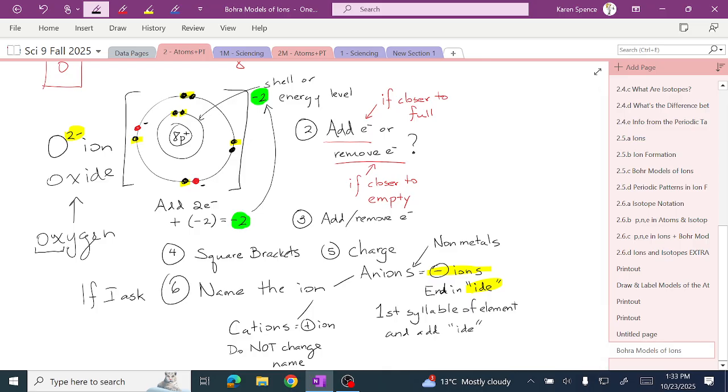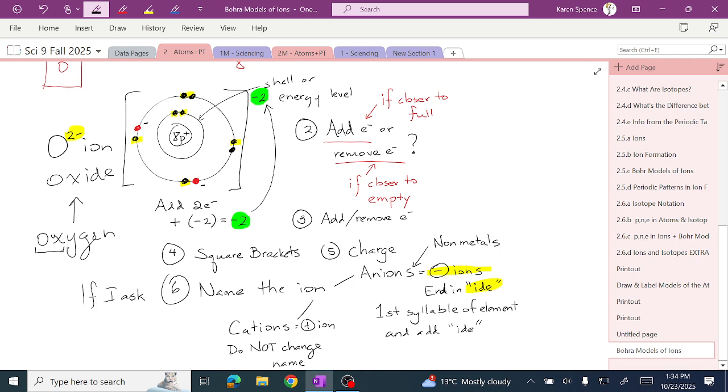Yes? Metalloids, is it like what? They're kind of weird. It depends on what they're combining with. So silicon is one of the exceptions to the 2-syllable rule. Silicide, they'll often behave like nonmetals when they're bonding with other elements.